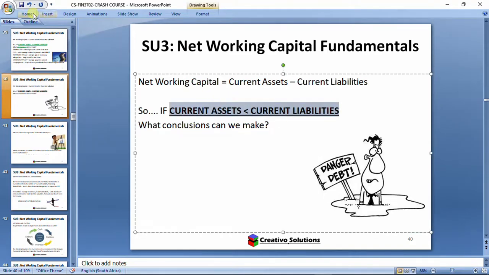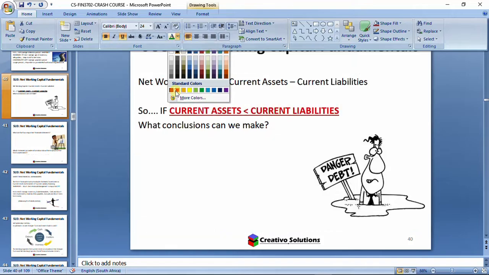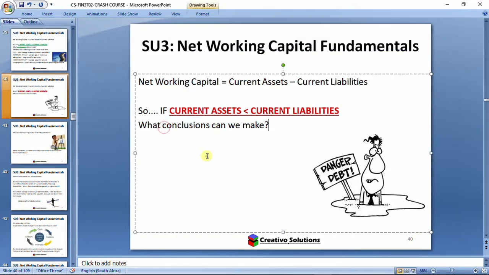All right, here are the notes about current assets less than current liabilities. That's the bad part. Talk to me about this. Give me some conclusions. If it's the opposite, what would you say? Then we're in trouble, because we need to try and decrease the current liabilities. Your debtors, are you collecting too soon or too late? Too late. Good.